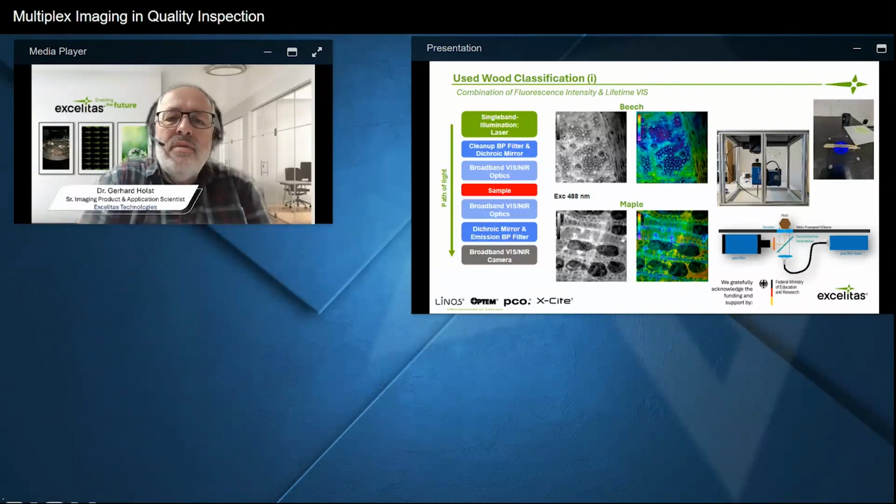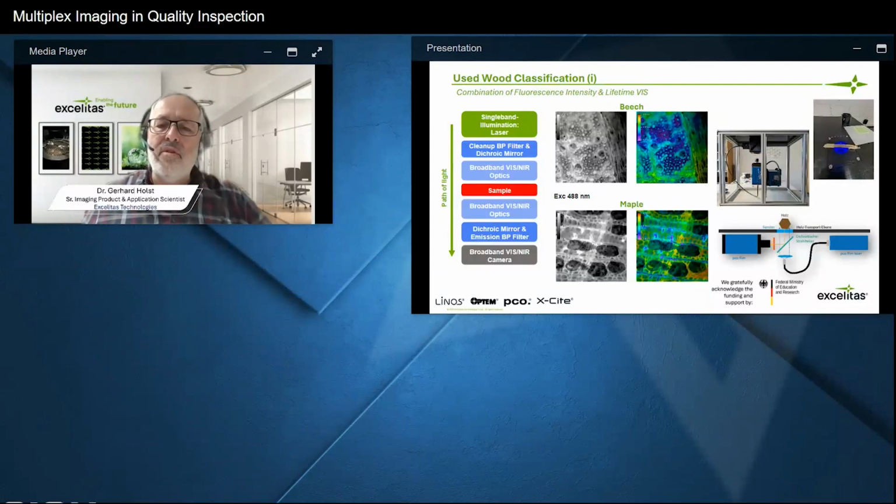Here we don't have a multispectral readout, but we are recording the fluorescence intensity and the fluorescence lifetime to do some classification processes. Therefore, we have a single band illumination using a bandpass filter, broadband optics, and have a dichroic mirror and emission bandpass filter and a proper camera that is able to measure the fluorescence lifetime.